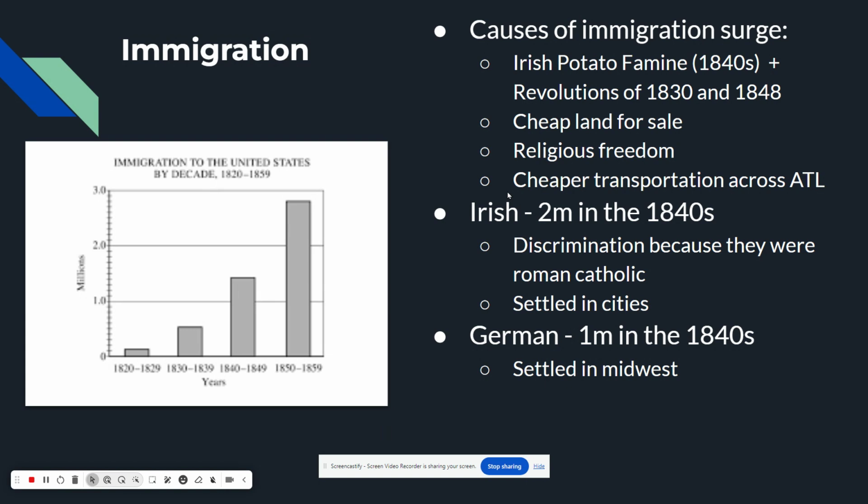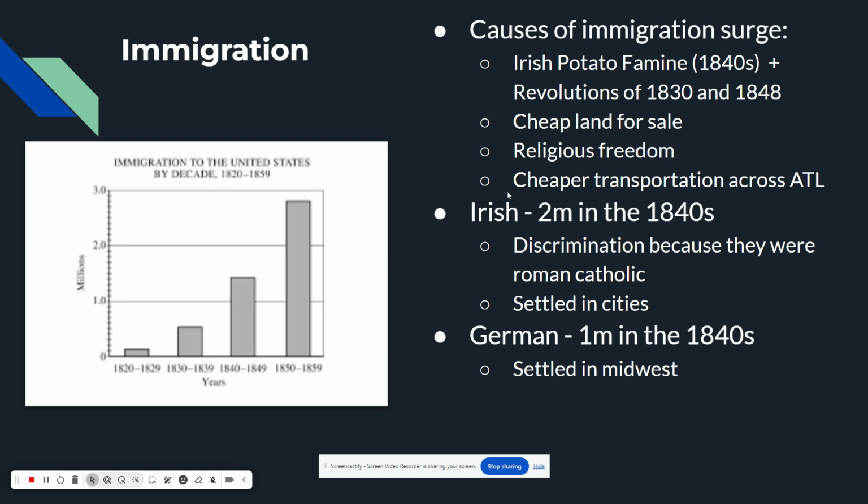Pull factors include the idea in America that land is incredibly cheap for sale comparatively in Europe. There's also the freedom of religion to practice any religion you wish, as well as cheaper transportation costs as steamboats increase and get more reliable forms of transportation.